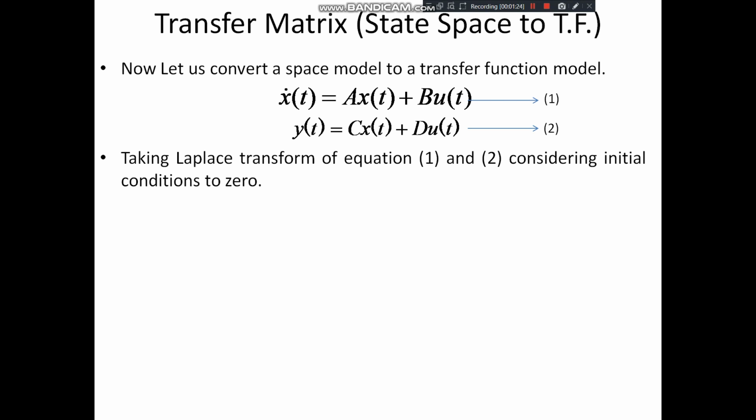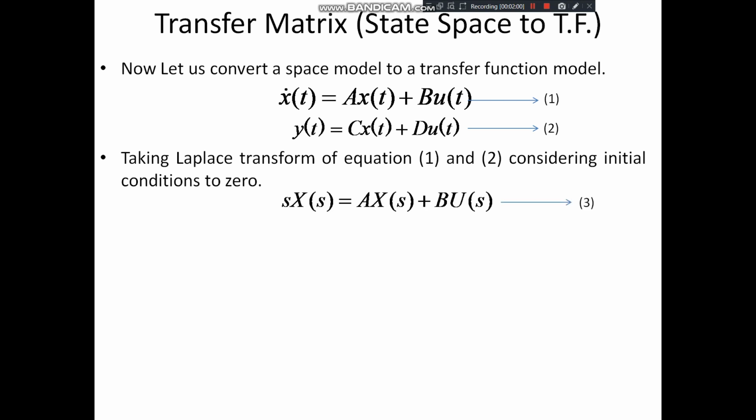As we want to obtain the transfer function, we'll use the Laplace transform technique. So taking the Laplace transform of equation 1 and equation 2, and also considering the initial conditions to be 0, that means all the state variables have 0 values at time t equal to 0.